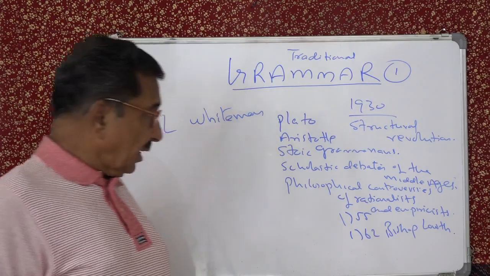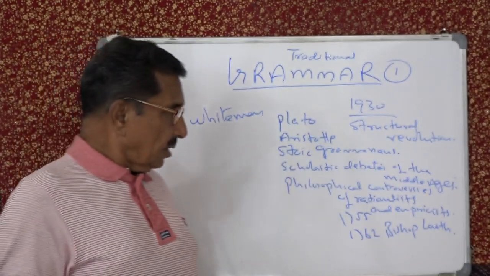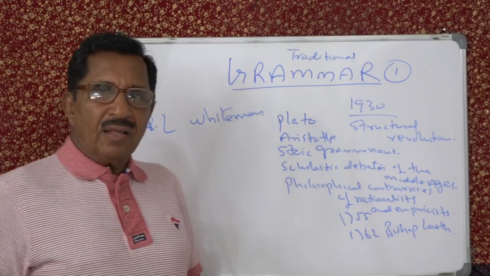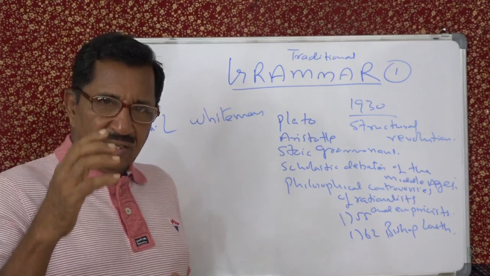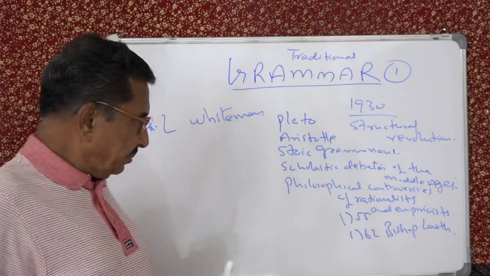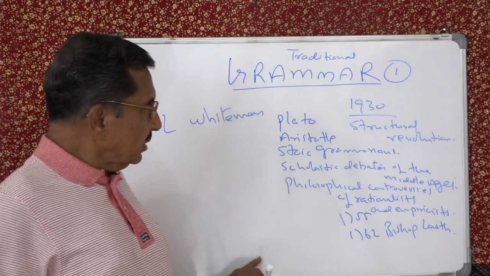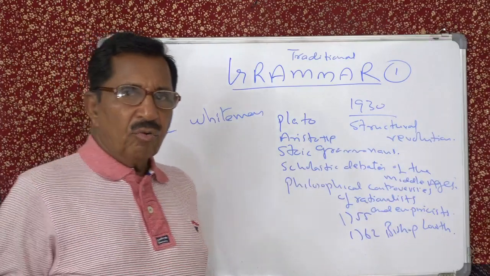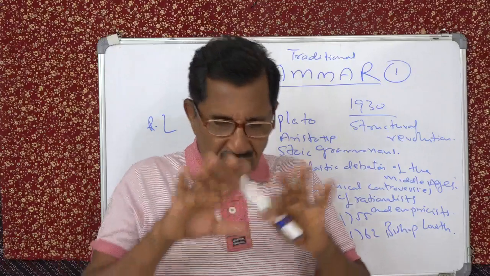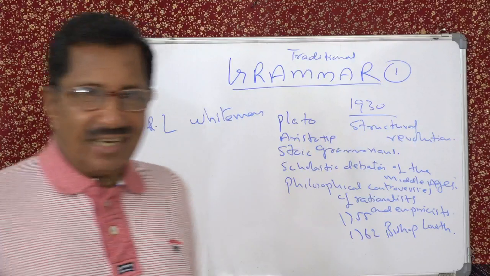Then the philosophical controversies of rationalists and empiricists. Empiricism means people who base their knowledge on experience; rationalism, reason. Then the 18th century. So up to the 1930s, whatever activities took place in the field of grammar, you give a cover label to that, and that is traditional grammar.